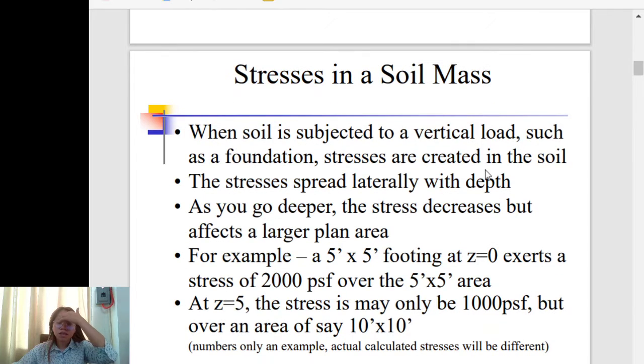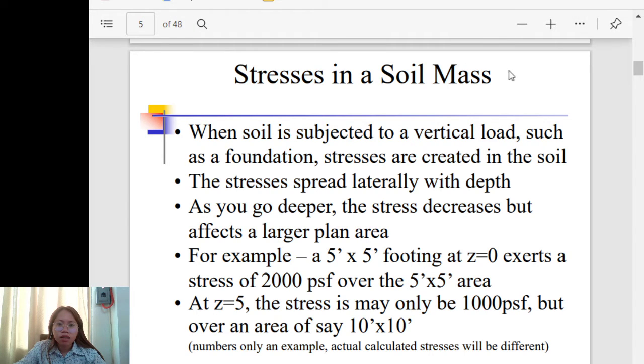So, the stress in soil mass: when soil is subjected to vertical load such as a foundation, stresses are created in the soil. Of course, we have here a drawing.